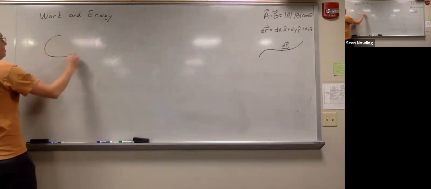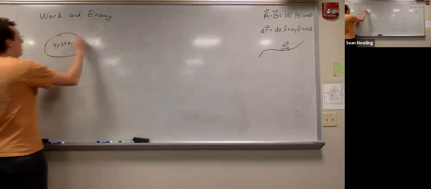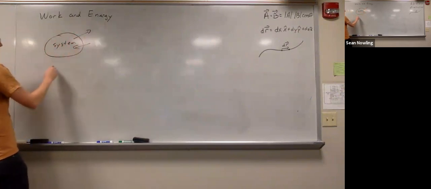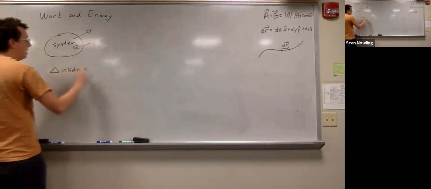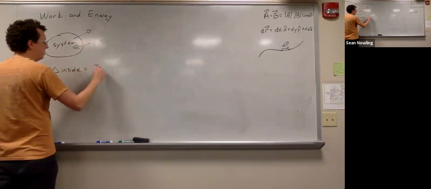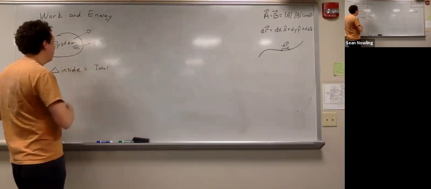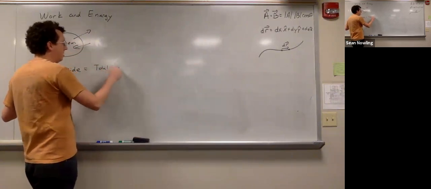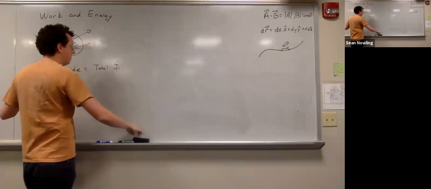We have a system. And then we have inputs and outputs. And we're going to want to say that the change inside equals the total, or net, or aggregate, or however you want to say it, total interaction, amount of interaction.